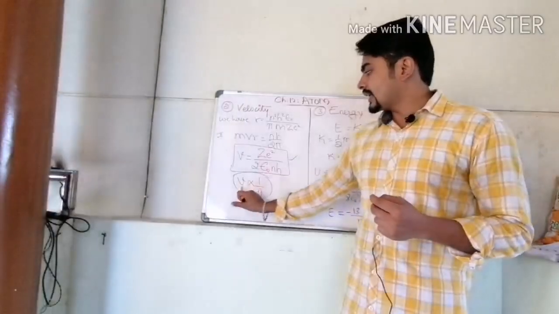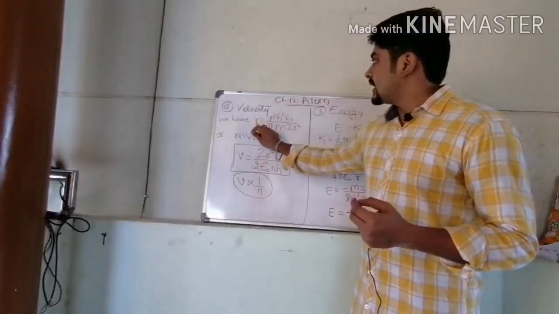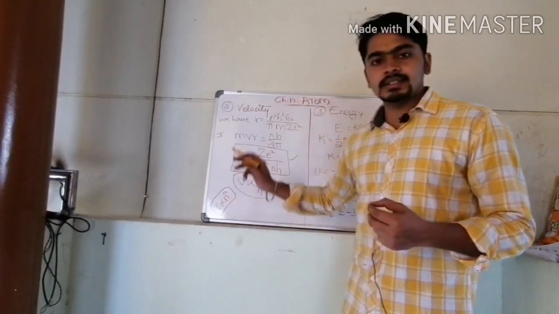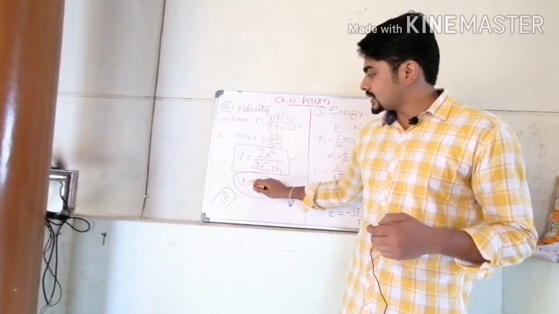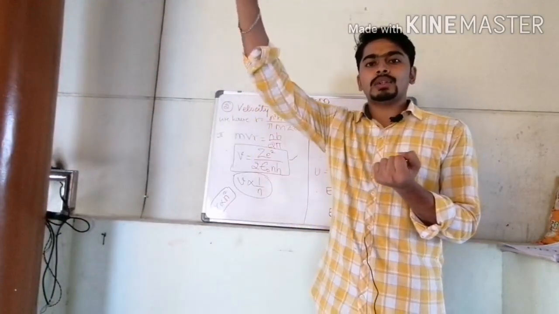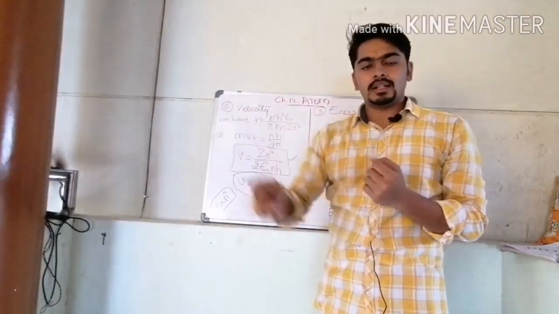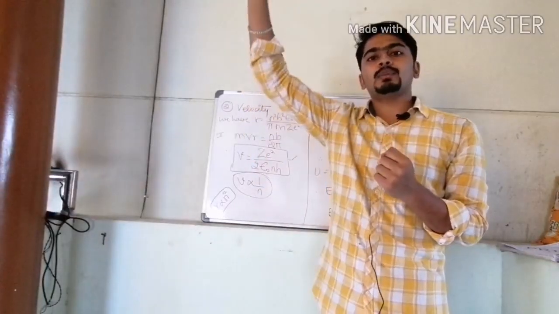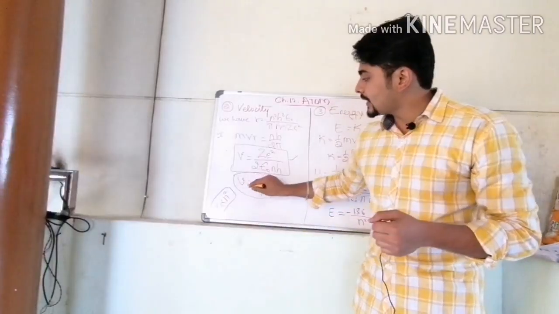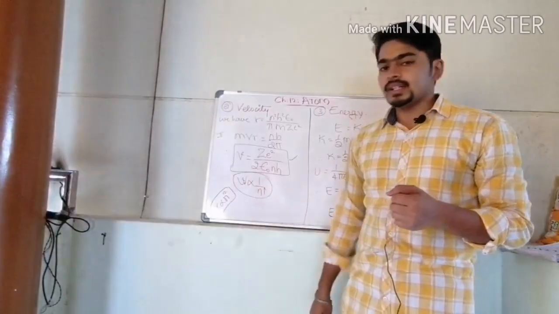So generally we can say that velocity is inversely proportional to n, as radius is directly proportional to n square. Radius is directly proportional to n square, velocity is inversely proportional to n, which means as you go away from the nucleus, as the number of orbits increases, velocity goes on decreasing, it will become less.